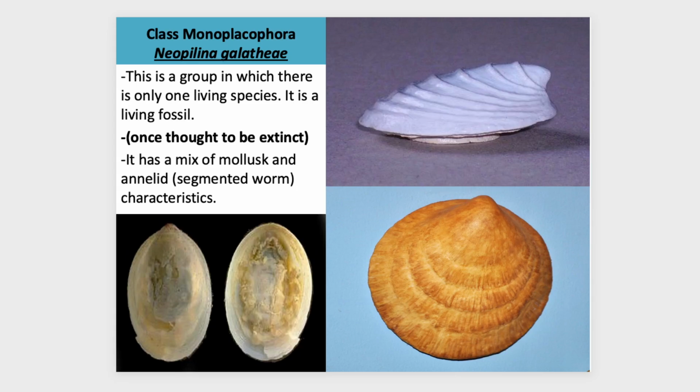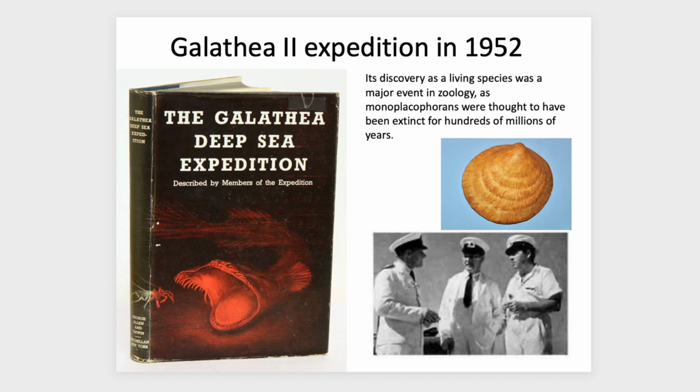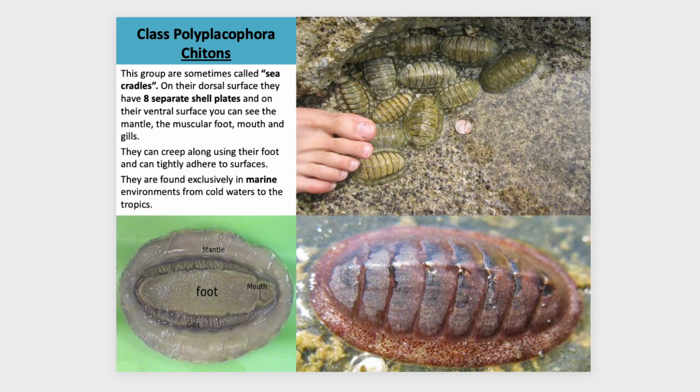But then they actually discovered this one, and that's actually where its name comes from. The Galathea 2 was a deep sea expedition where they actually discovered this species. And it was a huge event because they thought these were only found in the fossil record, and that there would be no extant organisms. But then they found this one, so they named it after that expedition, which is pretty cool.